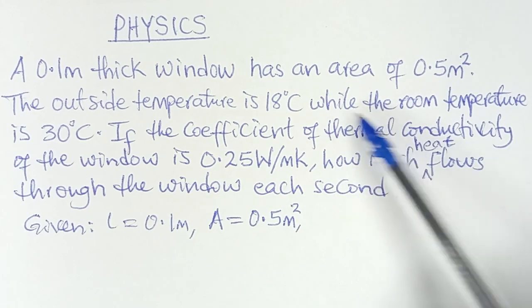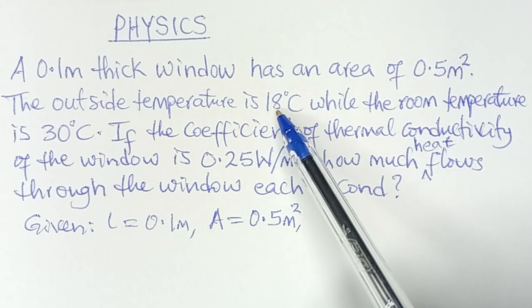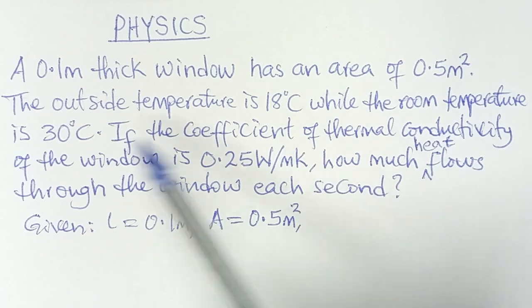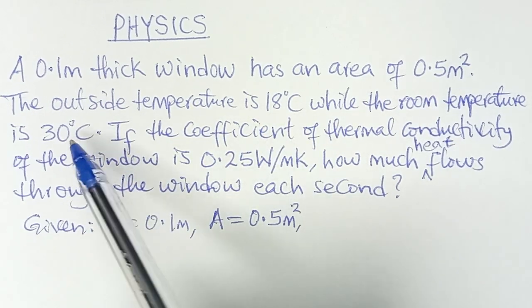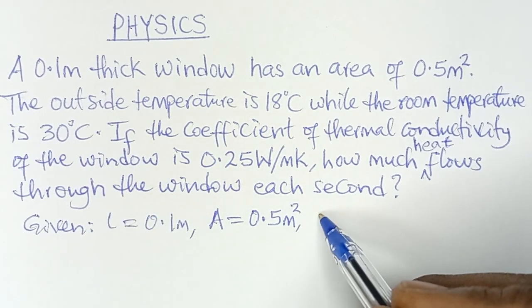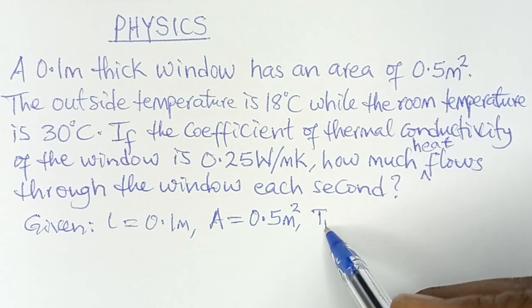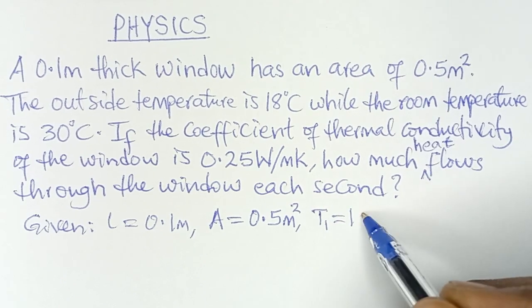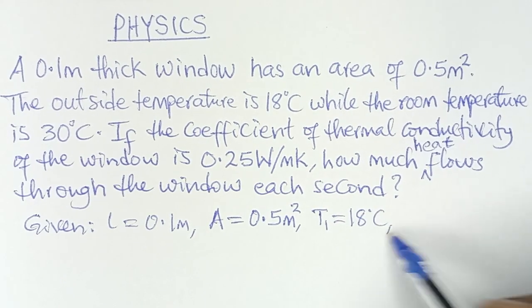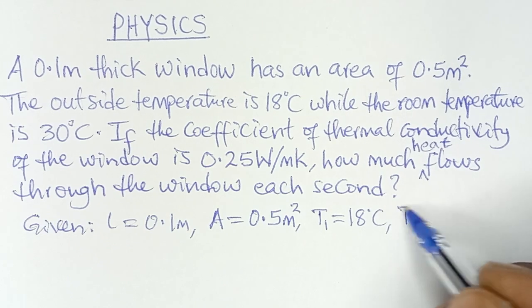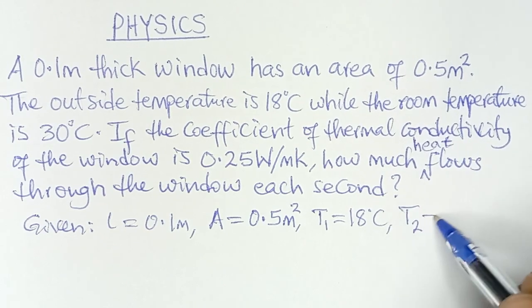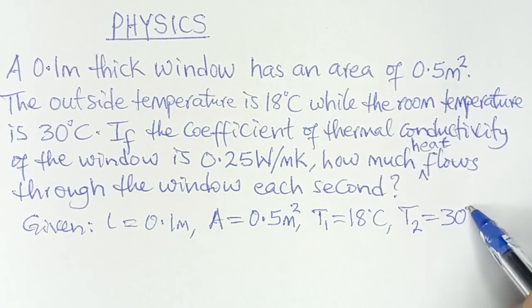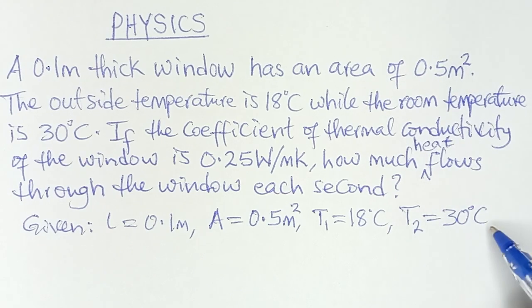And then what else are we given? We are given the lower temperature and the higher temperature. The lower temperature is T1, that is 18 degrees Celsius, and the higher temperature is T2, and that is 30 degrees Celsius.